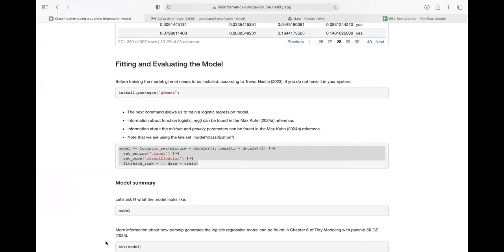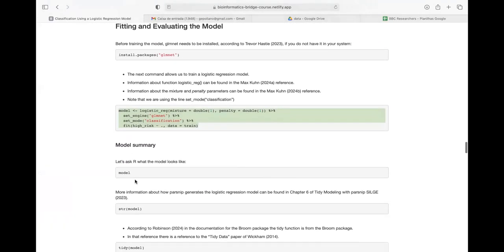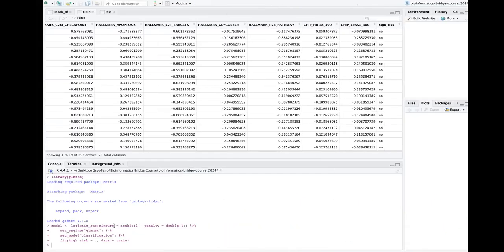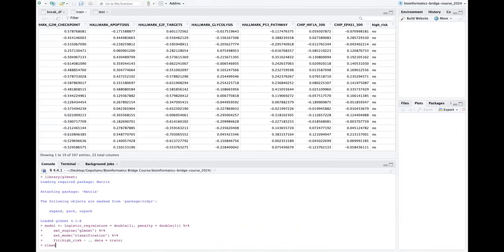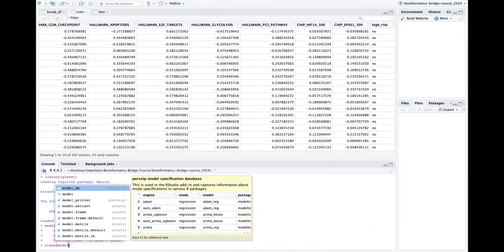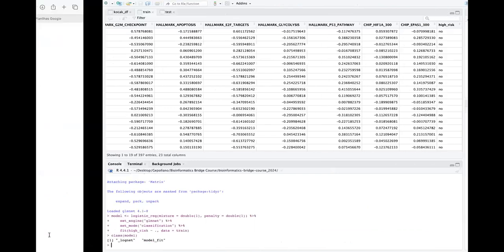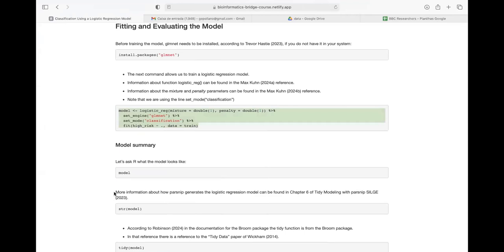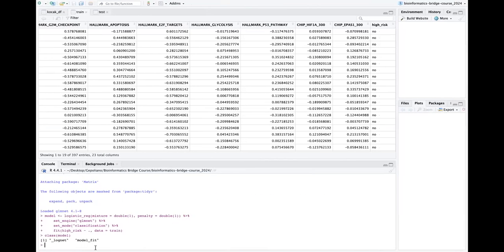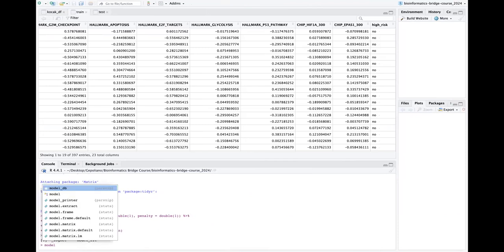So we generated our model. Let's see what R tells us about the model. Let's ask what class it has. It's a model fit, and it's also a lognet. We can now take a look at what the model looks like.